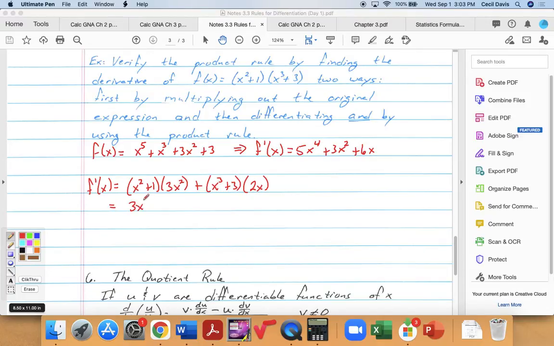So that's 3x to the fourth plus 3x squared plus 2x to the fourth plus 6x is 5x to the fourth plus 3x squared plus 6x.